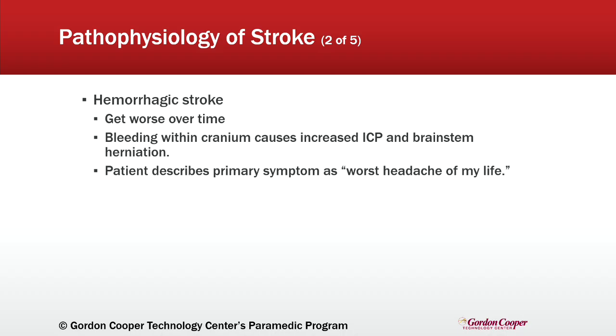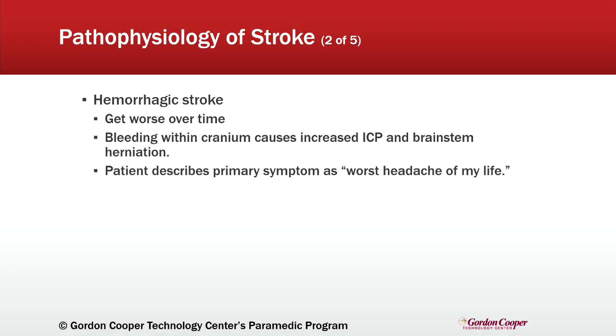In hemorrhagic stroke, they tend to get worse over time because of the bleeding within the cranium. This bleeding causes increases in intracranial pressure and can lead to brainstem herniation. The primary symptom is generally a complaint of the worst headache of my life. It's typically what we hear from these patients. They won't present with hemiparesis or hemiparalysis so much as something abnormal going on in the brain.